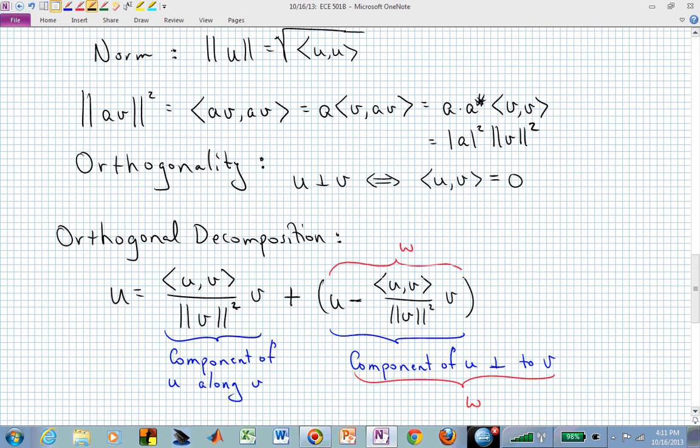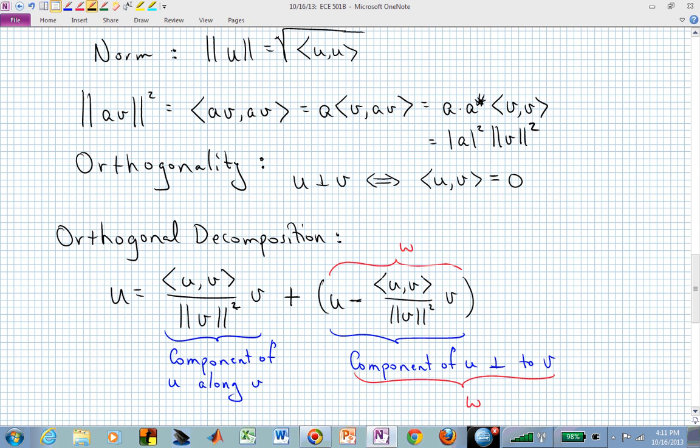inner product, now you can think about, if you have two vectors, you can decompose one of those vectors in terms of the other one. In this case, we are rewriting a vector u in two pieces. One piece is along the direction of v, the other vector, and we derived where this coefficient a, this scalar a, was coming from. That was just the inner product of u and v.